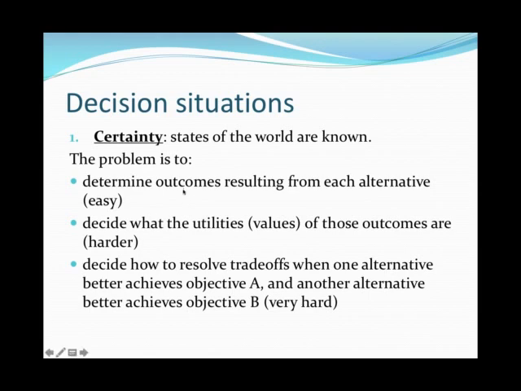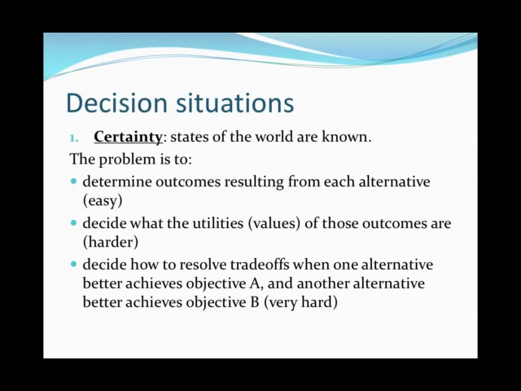If we choose one alternative, treat the person with radiation, we know the state of the world is that the cancer will go away. If we don't give the person radiation, we know that the cancer will not go away. So that part's easy. It's a little harder when deciding what the utility or values of those outcomes are.